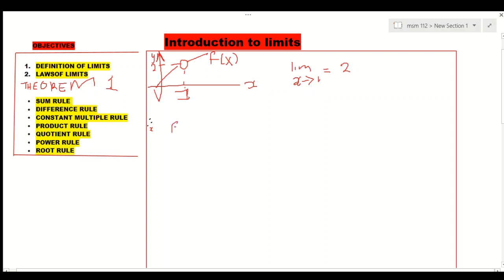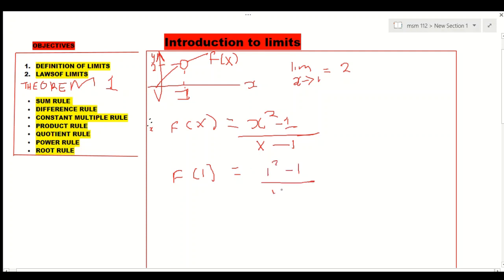Consider our function f of x is equal to x squared minus 1 over x minus 1. As you can see, if I put f at 1 here, I'm going to have 1 squared minus 1 over 1 minus 1, which is basically 0 over 0.